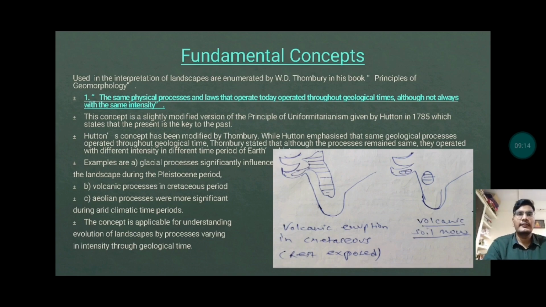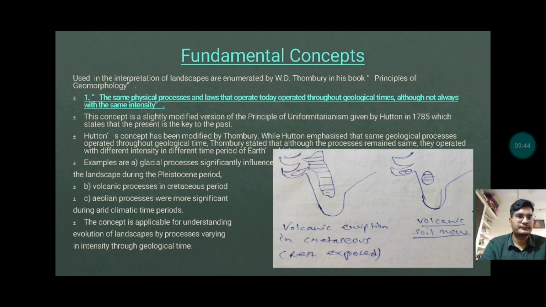The third process we can consider is Aeolian processes. We can simply understand that when there are arid climatic periods, the intensity of the formation of different landforms in the arid areas will be high. So this concept is actually applicable for understanding the evolution of landscapes by different processes with different intensity.